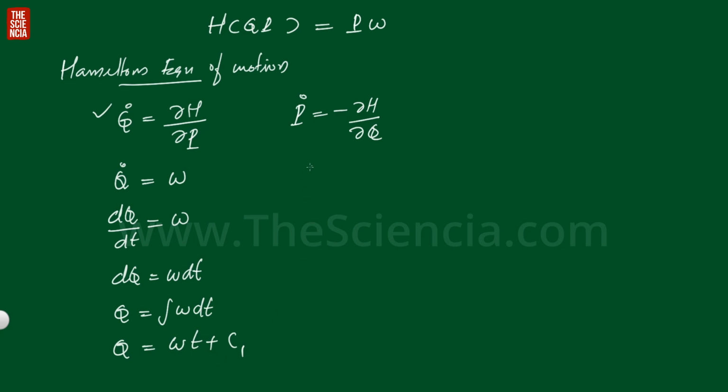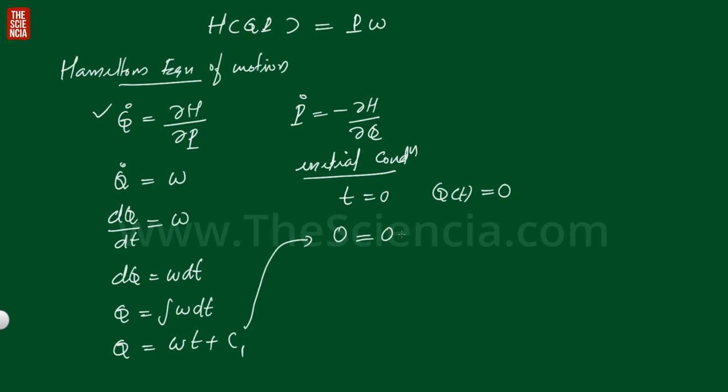So now we have to use the initial conditions. That is, at time t equal to 0, in the question itself they have given Q of t is equal to 0. So substituting this condition, that is 0 equal to 0 plus c1, we get c1 is equal to 0.